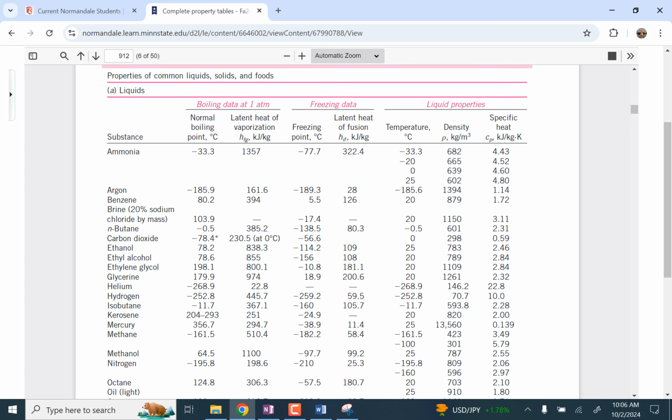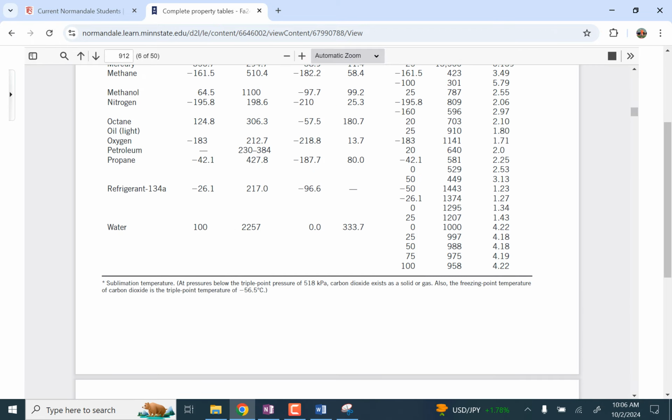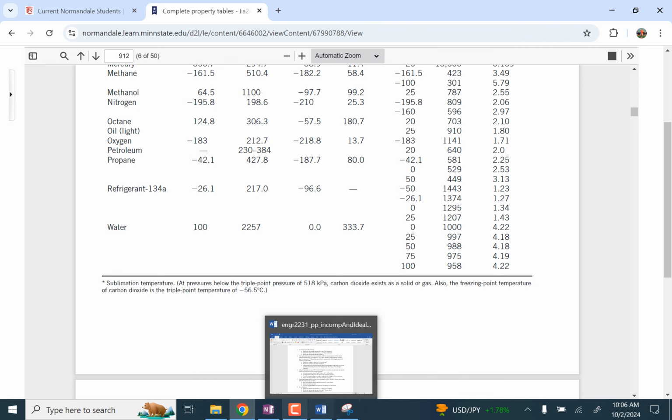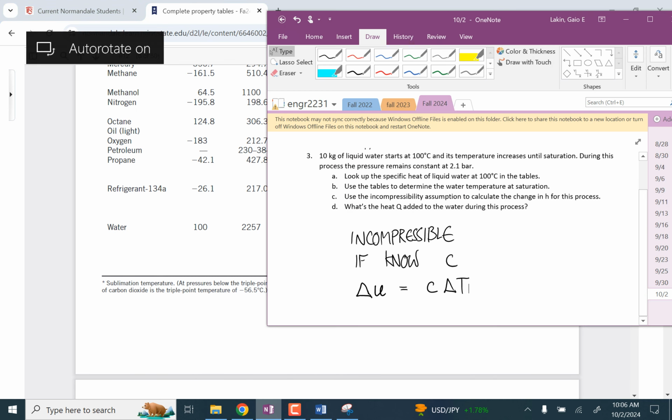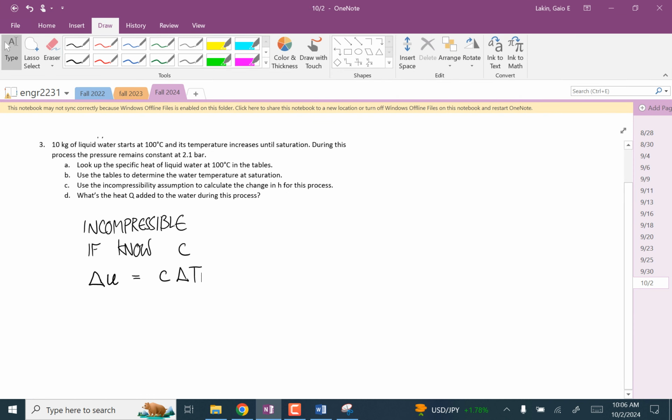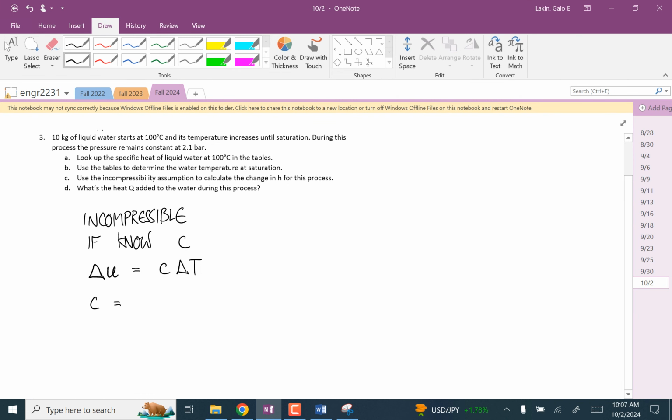And the units are kilojoules, so I'm going to call that 4220. Okay, so C is 4.22 times 10 to the third in SI units. So that's part A.